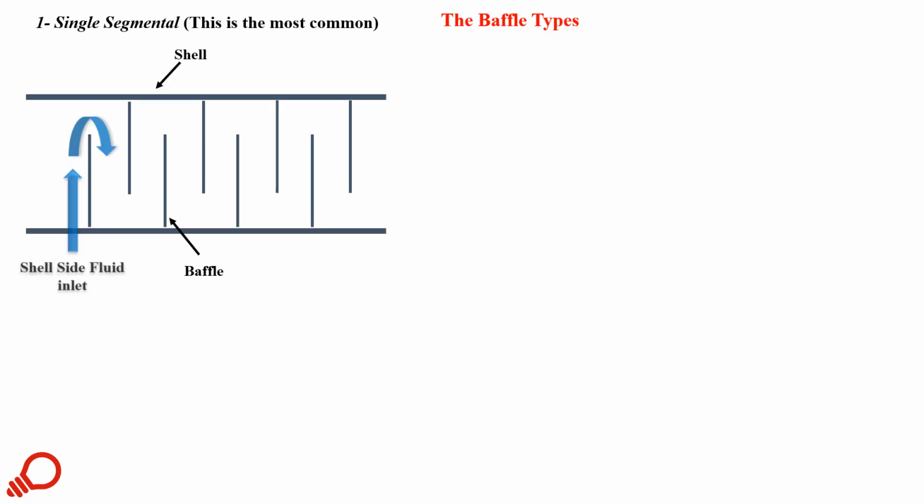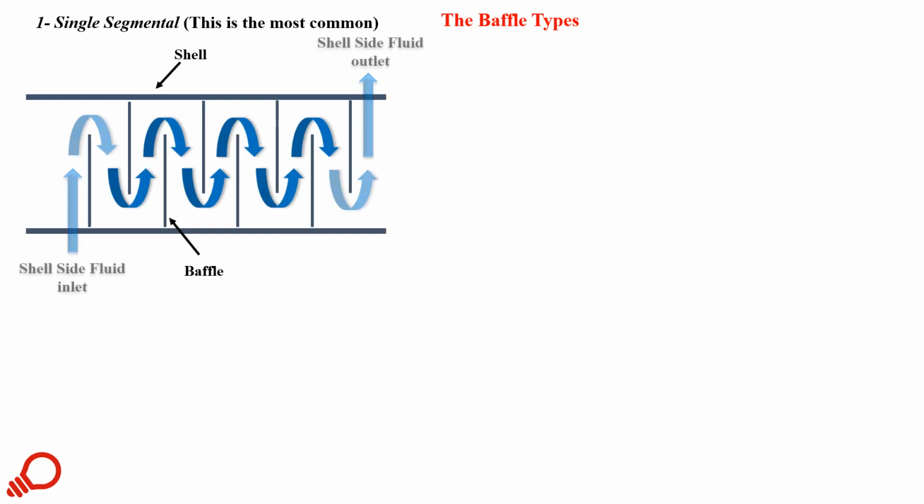The baffle types which are used in manufacturing of shell and tube heat exchangers. The first type is called the single segmental, which is the most common type of baffle.